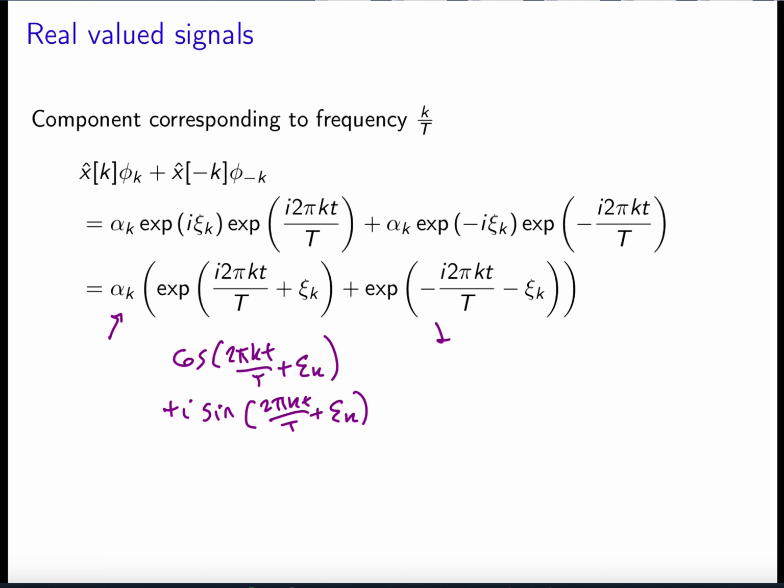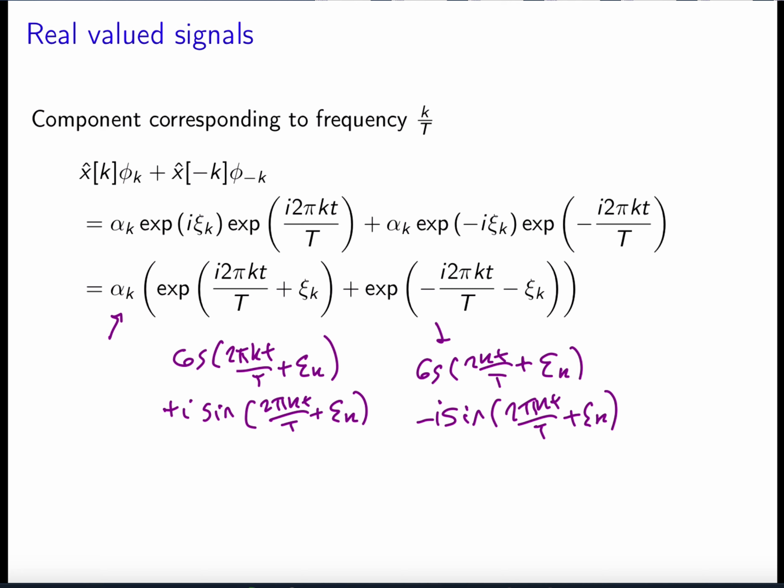And this is equal to cosine of minus 2 pi kt over T, but remember that cosine of minus x is equal to cosine of x, and now minus i sine of 2 pi kt over T plus psi k.